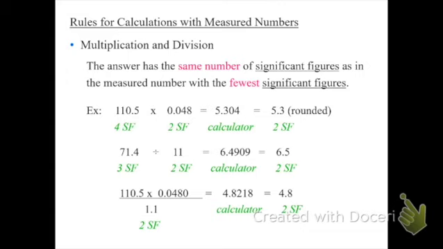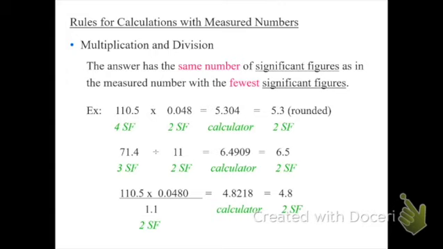You're going to look at all the numbers that you're multiplying or dividing, count the number of significant figures in each number, and write down how many significant figures are in each number. Then you do your calculation in your calculator, whether you multiply or divide. Then you get the answer, and you're going to round the answer to the same number of significant figures as the number that has the fewest.